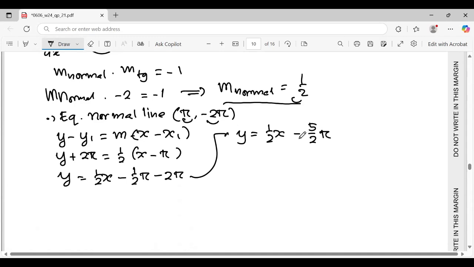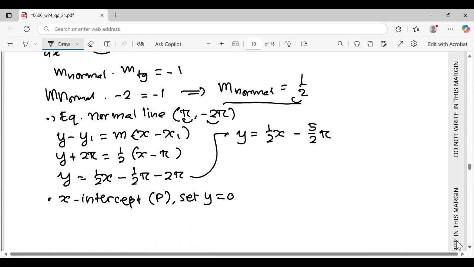And the next step, we're going to find the intercept point with the x-axis, x-intercept, and the intercept is point P based on the information. So if x-intercept, we have to set y equals 0.